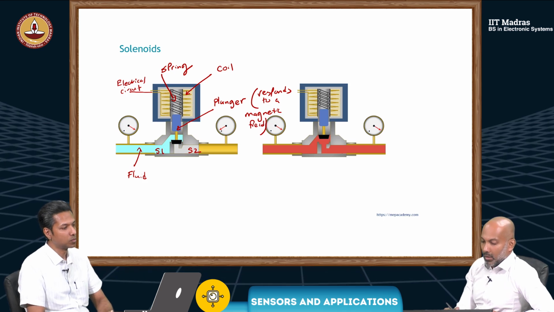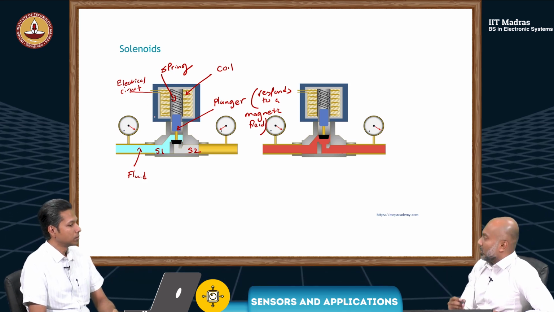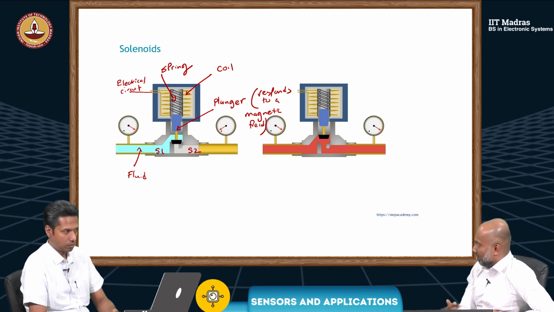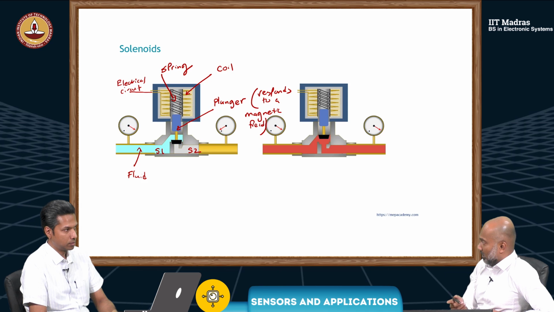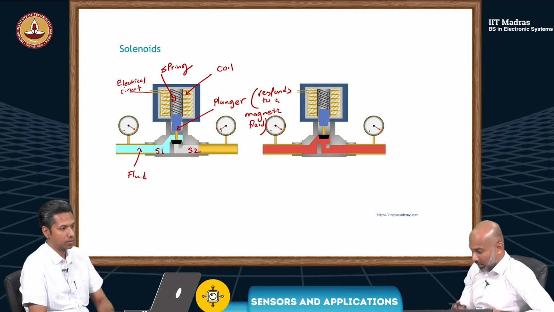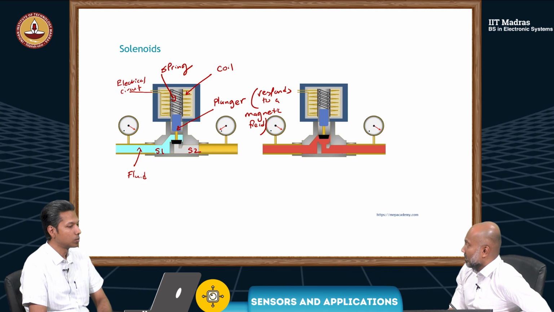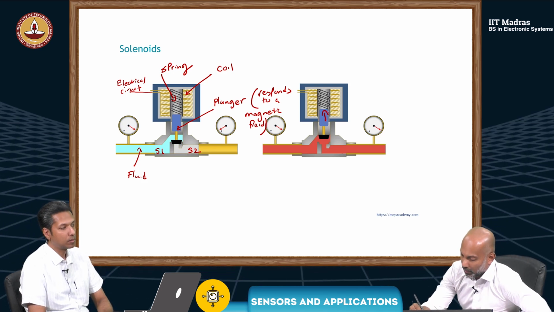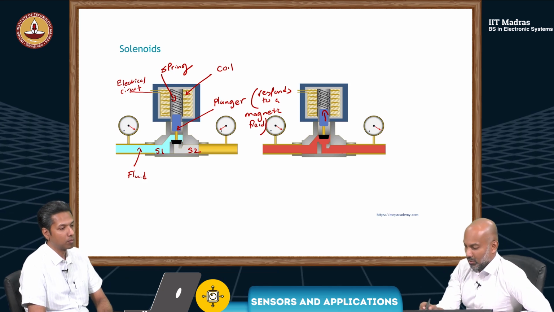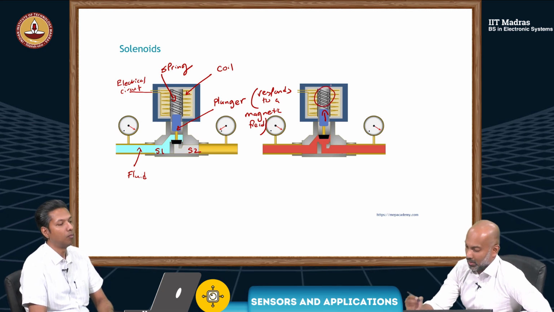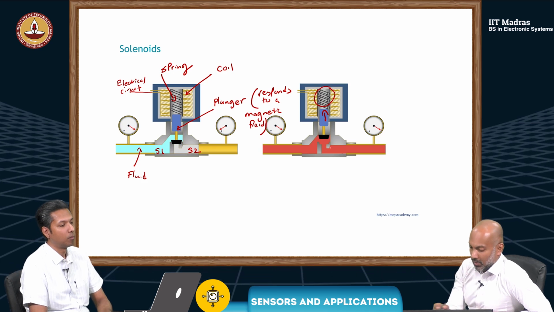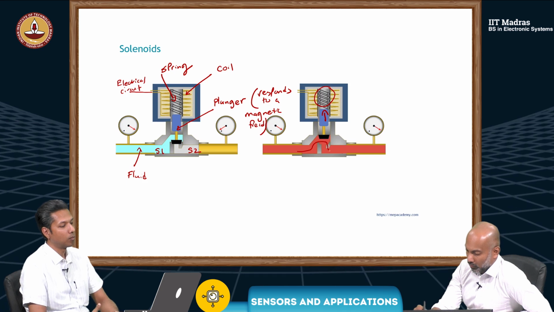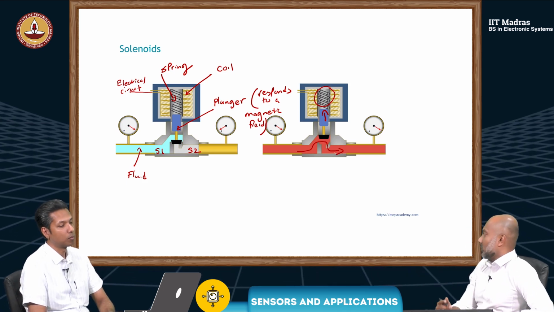When you provide current to this circuit, there's going to be a magnetic field, as we showed in the previous slide. So what's going to happen to this plunger? It will get attracted. It will move up. The spring is now compressed, and it opens up a path for the fluid to flow from section 1 to section 2.